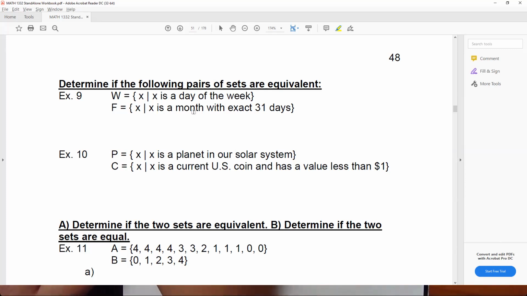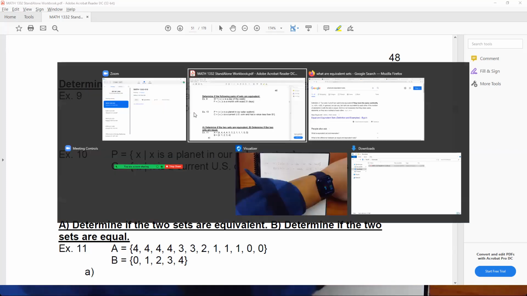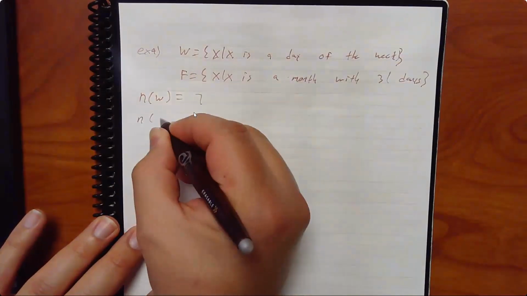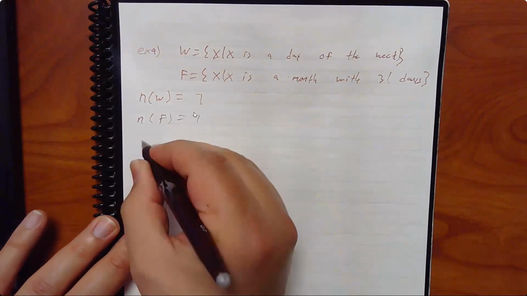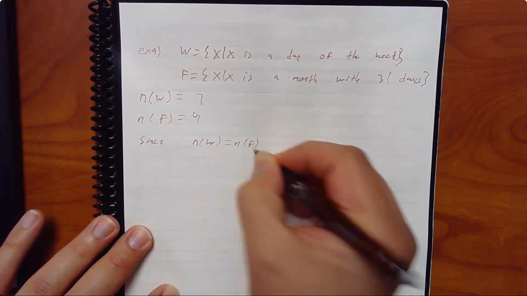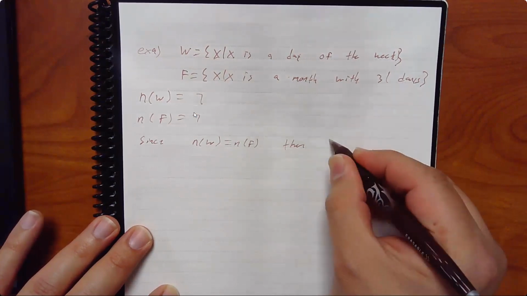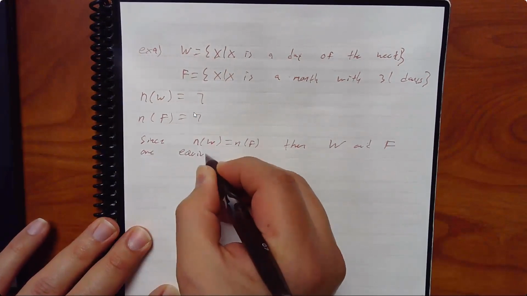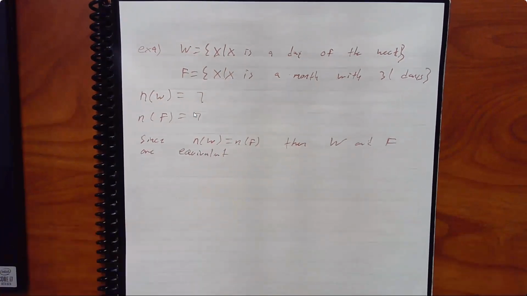So the number of elements in W, or the cardinality, is equal to 7. The number of elements in F is also 7. So since the number in W equals the number in F, then W and F are equivalent. That's all you gotta do. Does that make sense? So be careful, in math, equivalent and equal are different.